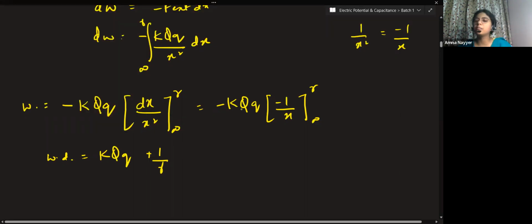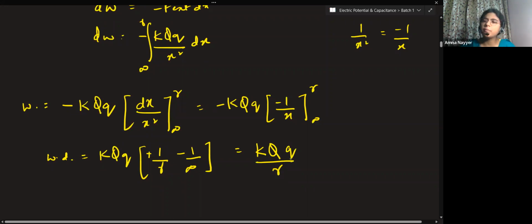So we have minus kQq multiplied by minus 1 by x from infinity to small r. Minus multiplied by minus becomes positive 1 by r, and minus 1 by infinity is left. So it becomes K capital Q small q divided by r, because 1 by infinity is 0.